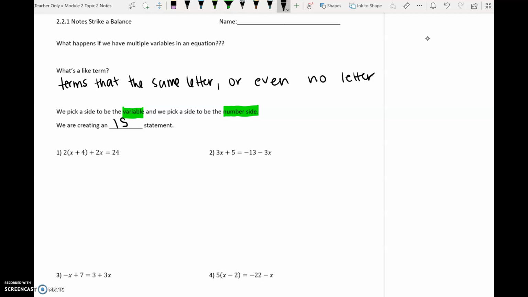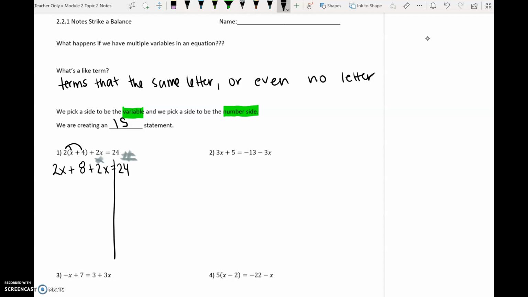So if you look at number 1, we have parentheses, which means distribute. So I'm going to go ahead and distribute. I'm going to have 2 times x plus 2 times 4 plus 2x equals 24. So what I'm going to do is pick a side that's only going to have x's, and then pick a side to only have numbers.